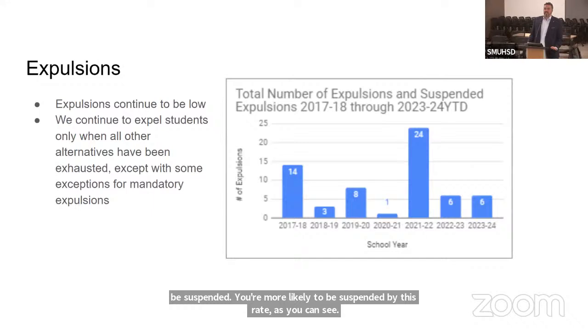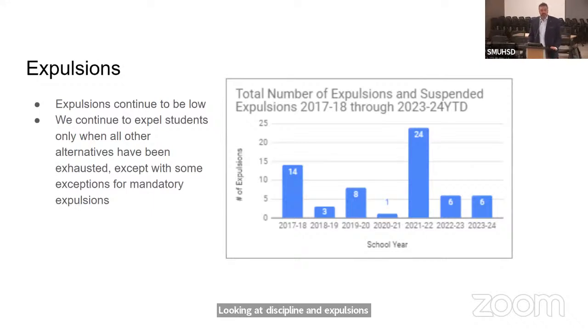Looking at discipline and expulsions, overall, it's still very low. Six expulsions for a school district of 8,500 students is very low compared to the rest of the state. We have many alternatives.